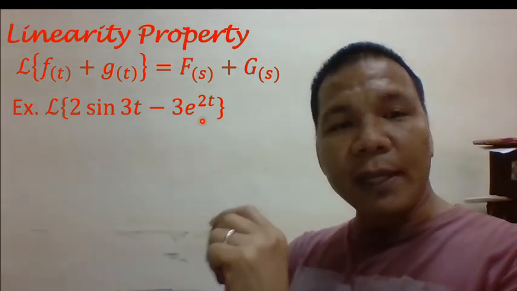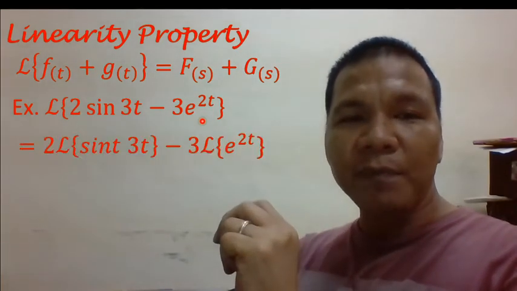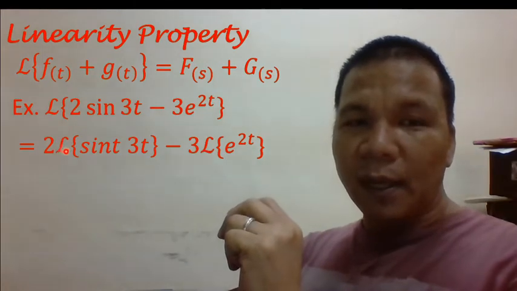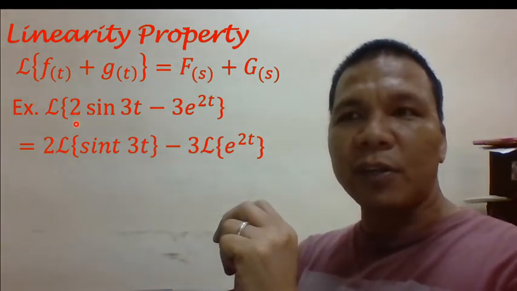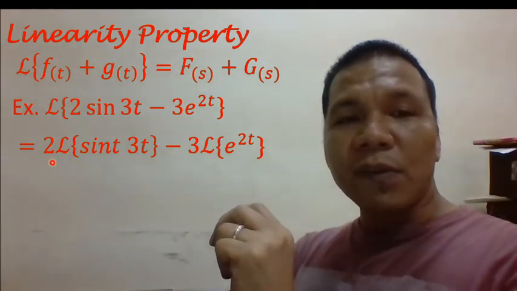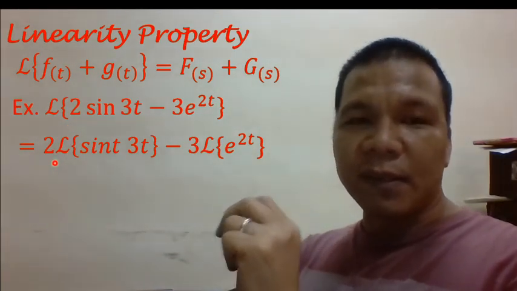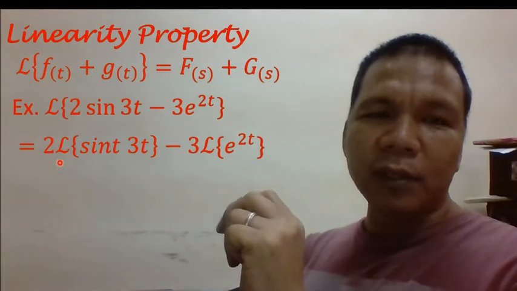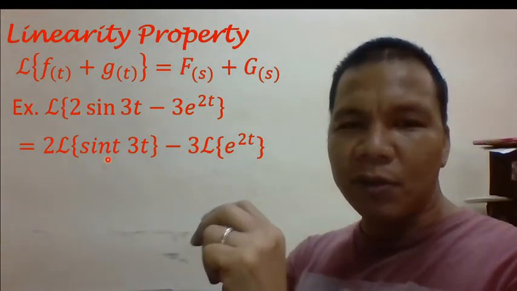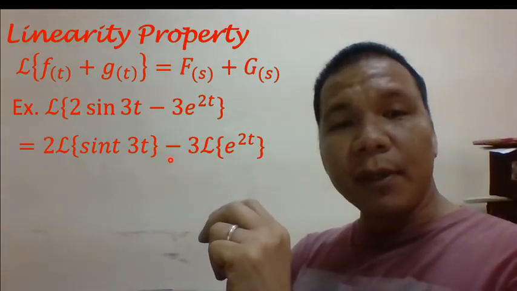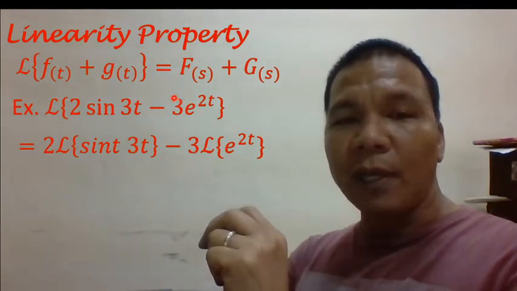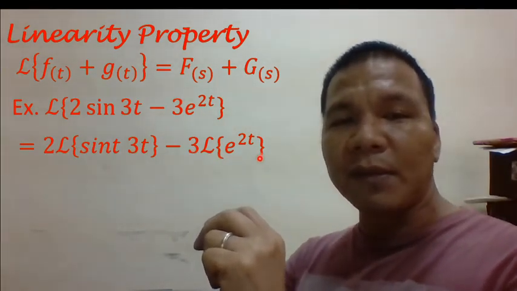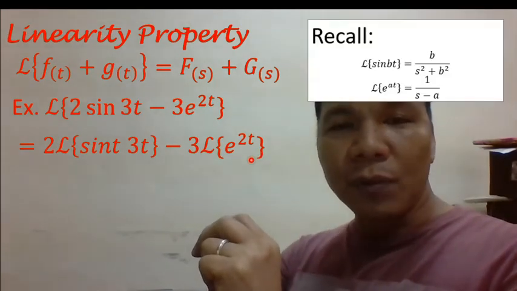First, we take the Laplace transform of the first term, sine 3t, by taking the constant 2 outside the Laplace transform. Since that is only a constant, you can take it out and take the Laplace transform of the function. And do the same thing with the second term: take out negative 3 and then take the Laplace transform of e raised to 2t.